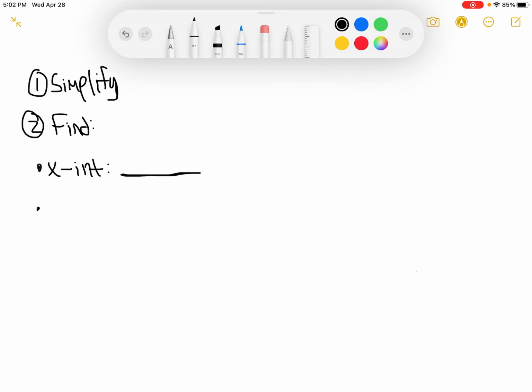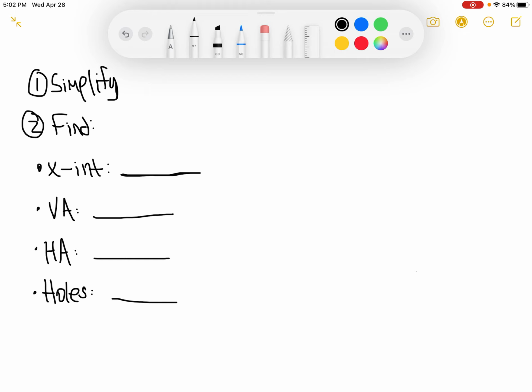You can find the y-intercept, but that's not a necessary thing. You need to find the vertical asymptote, if there is any. You need to find the horizontal asymptote, if there is any. And then find holes, or discontinuities, which we already talked about.